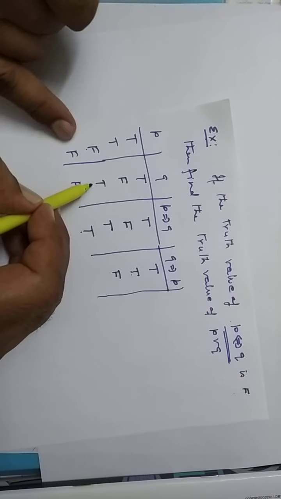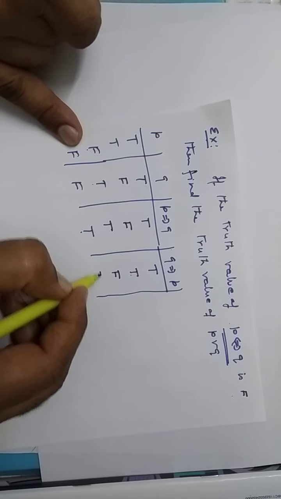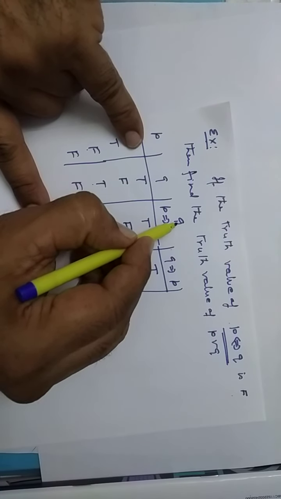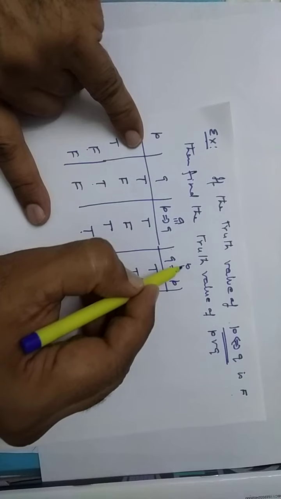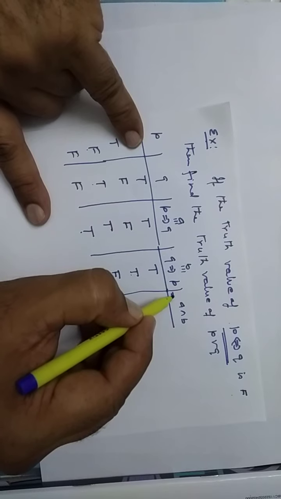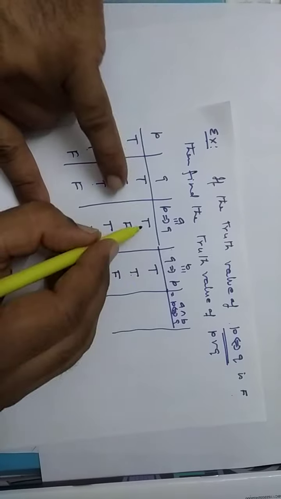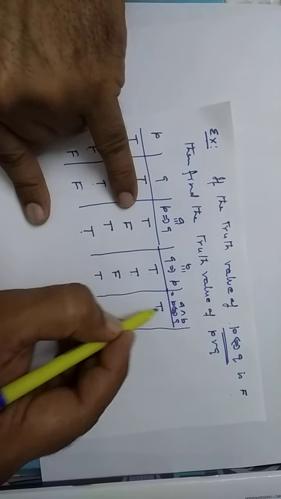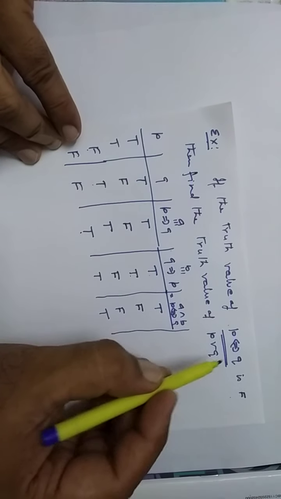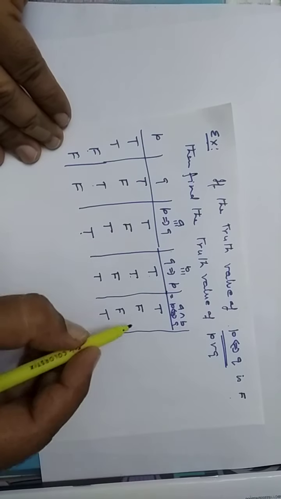True and false, it means this is false, and both false is true. This is our A, and this is B. Then A and B: we join both. This is true, this one is false, this is false, this is true. We are saying P if and only if Q is false, so false occurs in these two conditions.